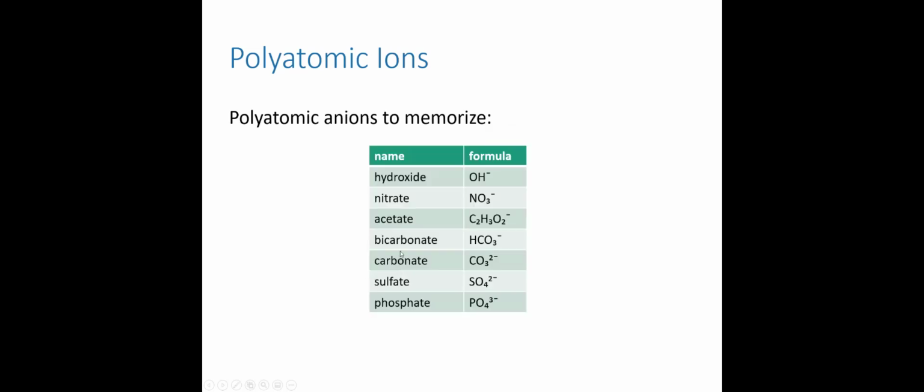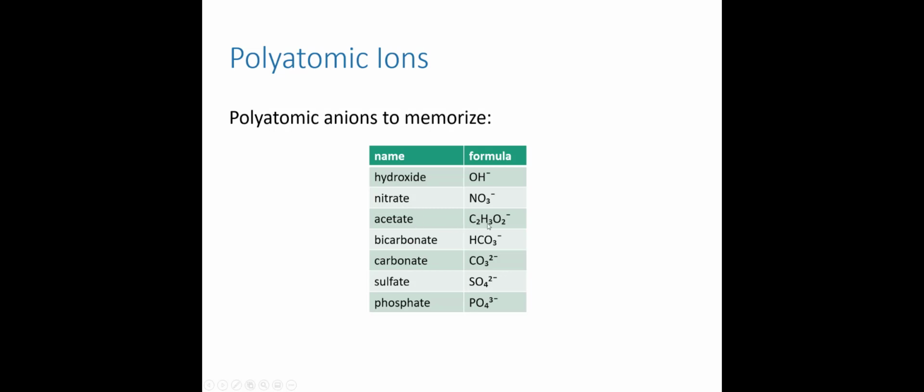So these are the other polyatomic ions to memorize. So you already had ammonium, and these are the others. So hydroxide, which has 2 atoms, OH-, and remember the minus is shared over these 2 atoms. Nitrate, which is NO3-.